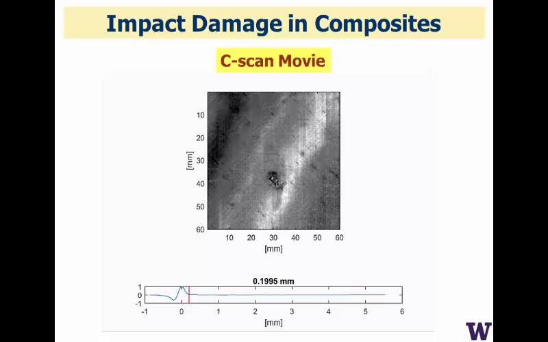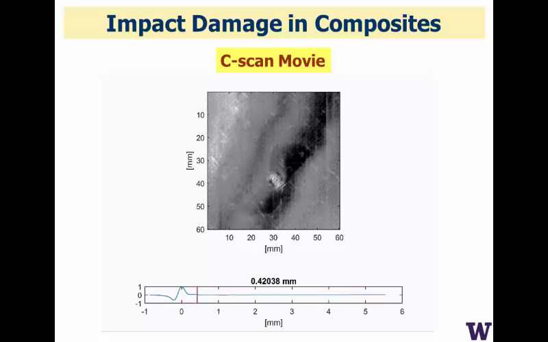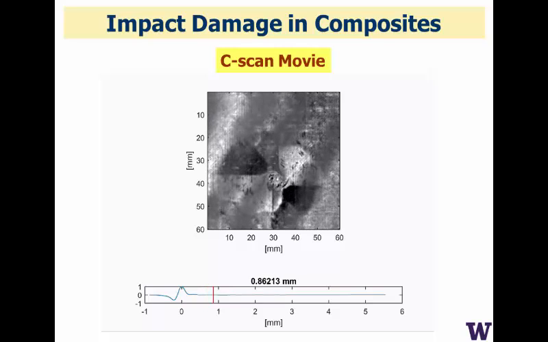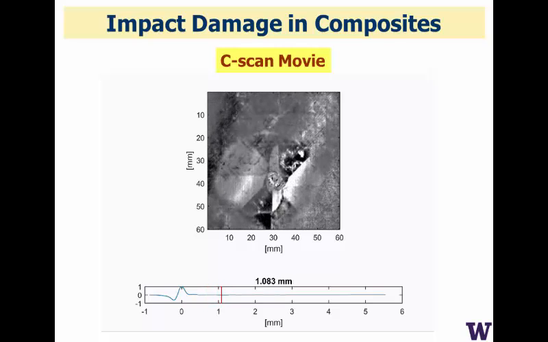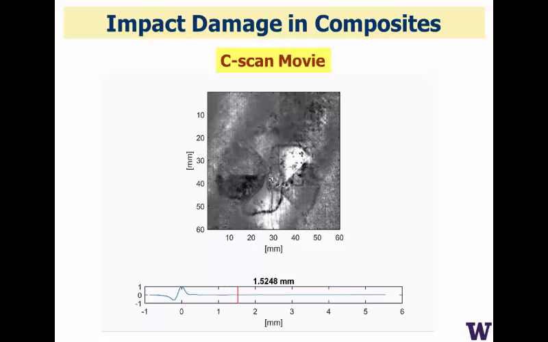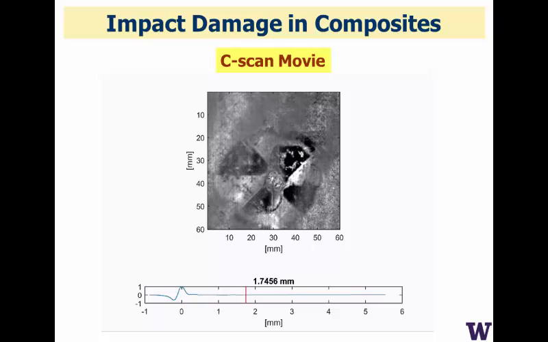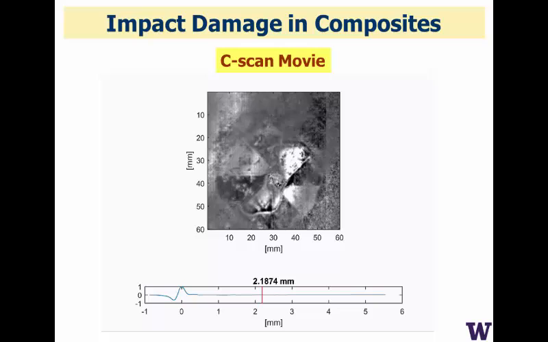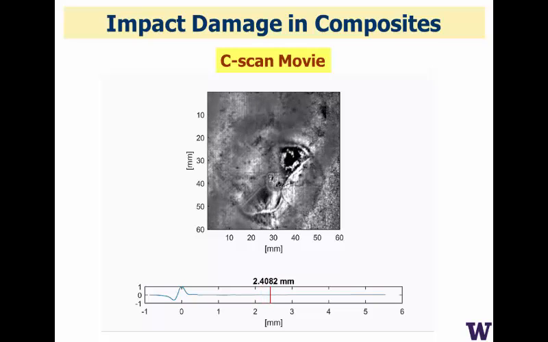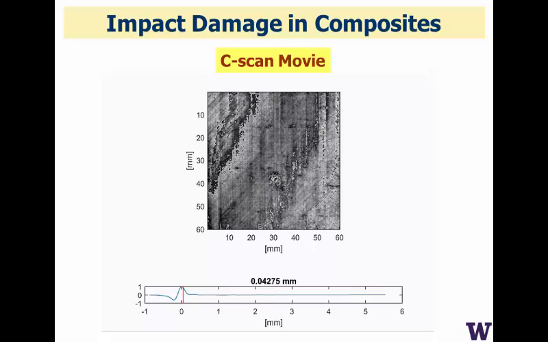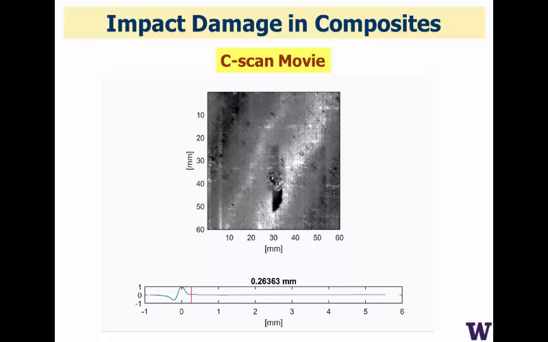So it's low-pass filtered, so we remove the structure signal, and we're just looking at damage that results through the depths of the composite when it is impacted at this site by just a ball dropping, a standard mode. And what you'll see here as you're rotating through layers is a rotation of the damage that occurs as a result of the change in orientation of the plies, of the fibers within the plies.